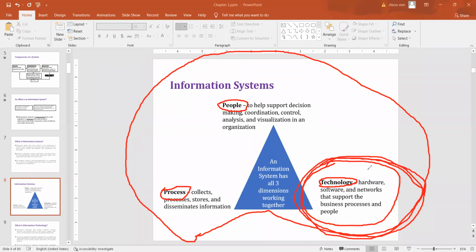It can include hardware, software, operating devices, networking devices, their development, operations, and troubleshooting. But an information system includes, in addition to information technology, other components like people, procedures, and processes. What is the idea? Yes, sir. Got it? Yes, sir. Okay.